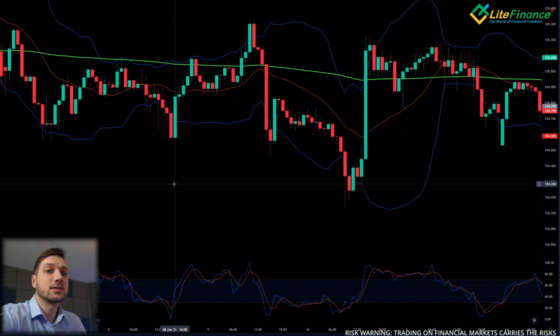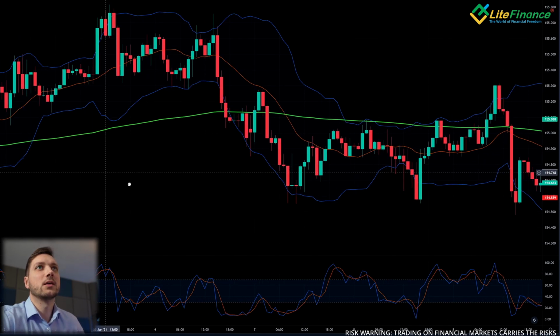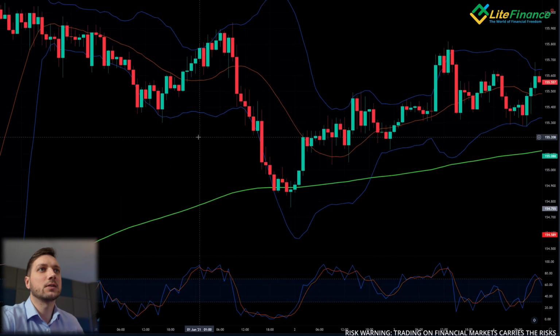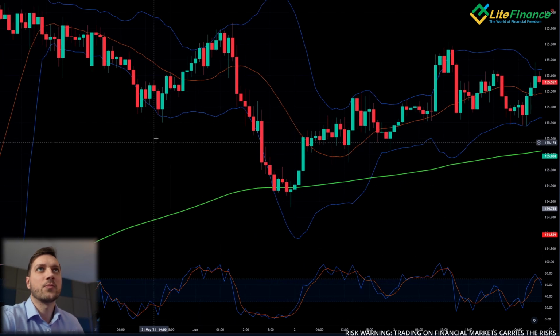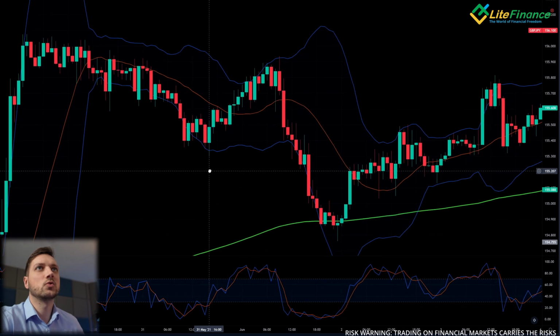Okay, so now let's look for another example of a buy trade. So we need to look for the moments when we are above the 200 period moving average. And yeah, let's discuss whether it is a profitable example or not. Maybe these two over here would be good examples.